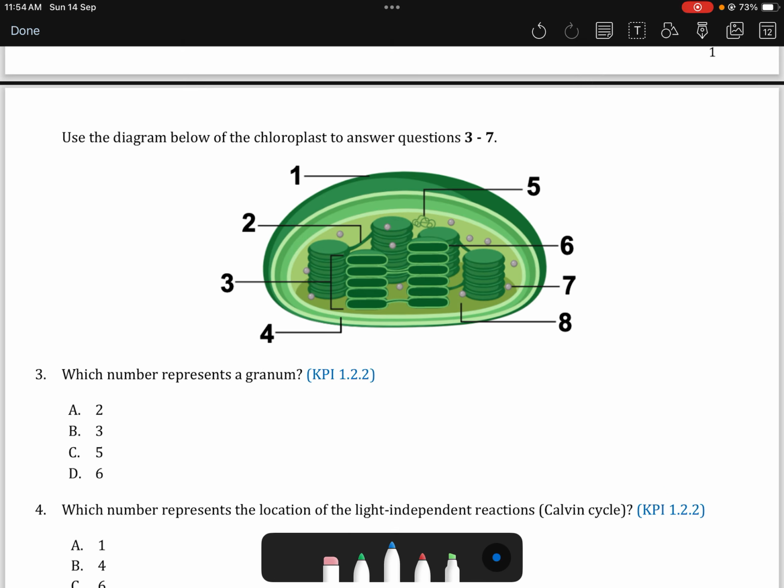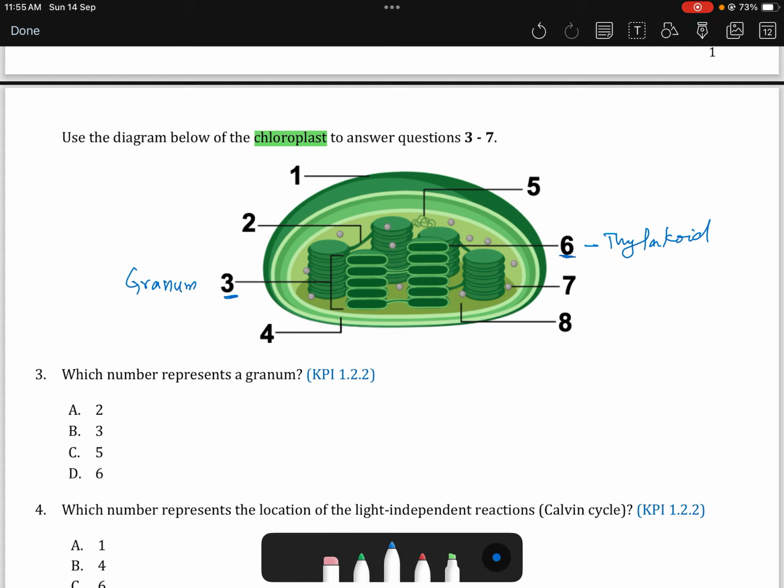This diagram, they are already telling you, is of the chloroplast. So you already know that this is something present in plants. In the class we studied that it has 2 membranes, and then this single disc, only one disc, like this number 6, when it is touching one disc, it is called a thylakoid. When the pile of thylakoids is labeled, this number 3 is labeling the thylakoid pile, this is known as granum.